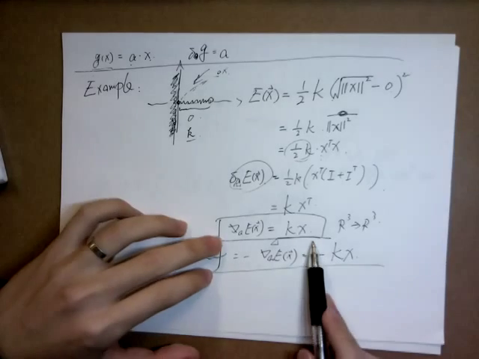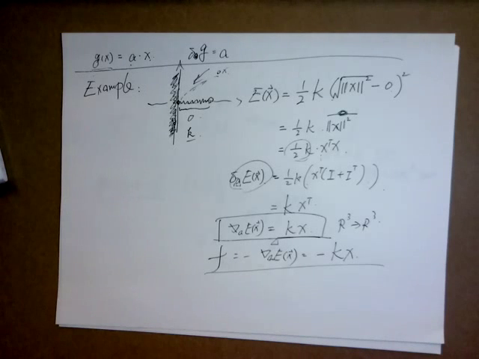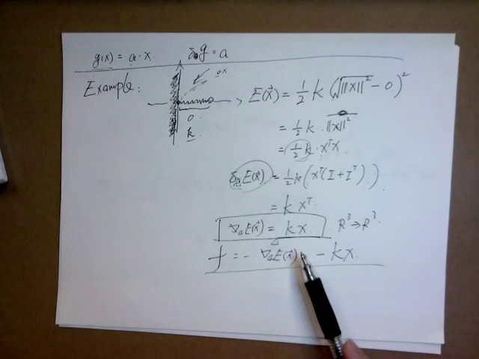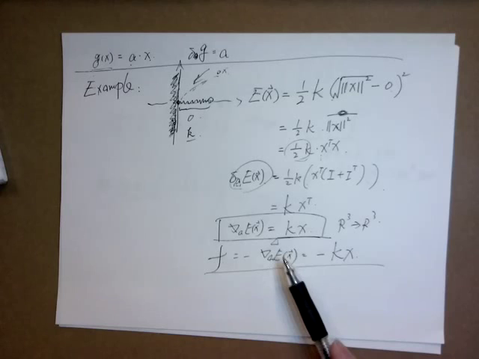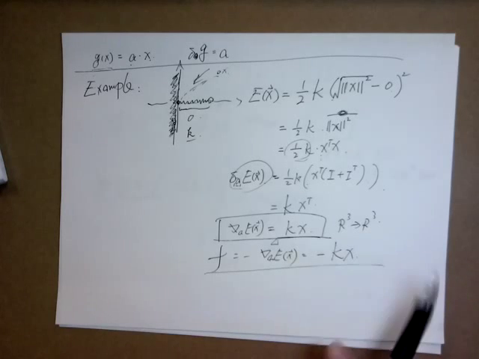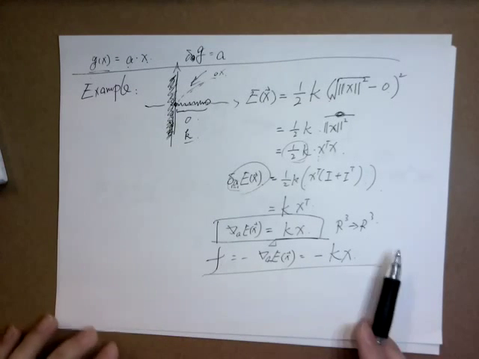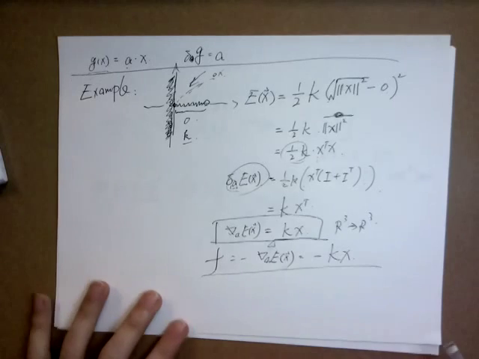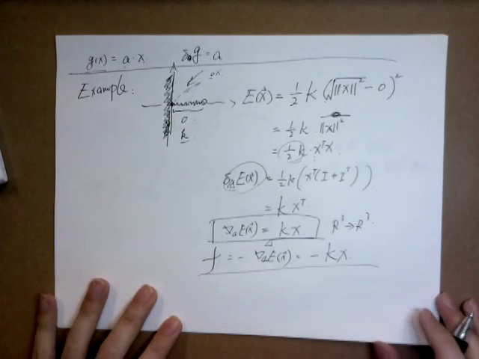It's the Jacobian matrix of the gradient, all right? So at first, can you tell me the dimension of this matrix? It's an R3 to R3 function, so it's a 3 by 3 matrix.